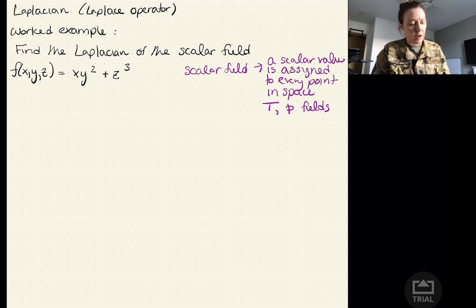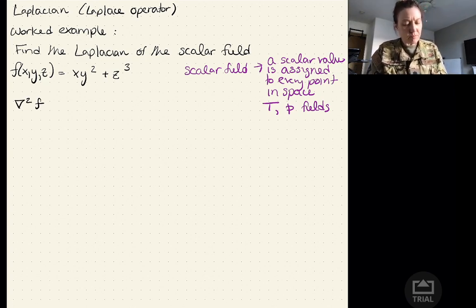So what we're after is we want to figure out the Laplacian, del squared of f. So the upside down triangle, just as an aside, is referred to as a del, which is confusing in a few ways because the partial derivative symbol is also referred to as del.